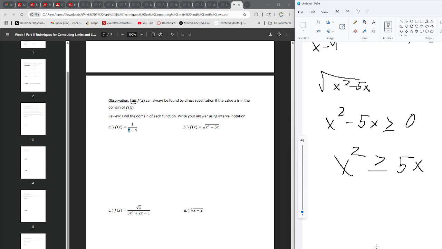And then if we divide by x, x is greater than or equal to 5. Does that check out? That checks out. Because if we had like 1 minus 5, that'd be negative. So 2 squared is 4 minus 10. So, yeah, x is greater than or equal to 5, right?